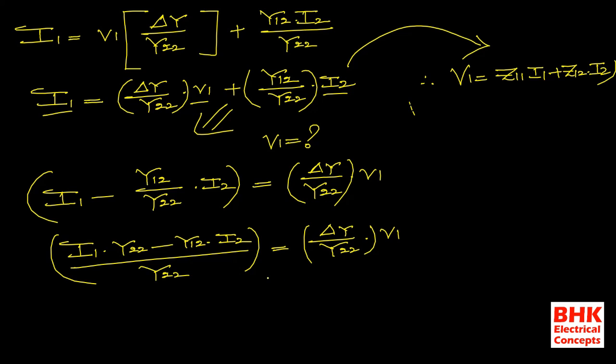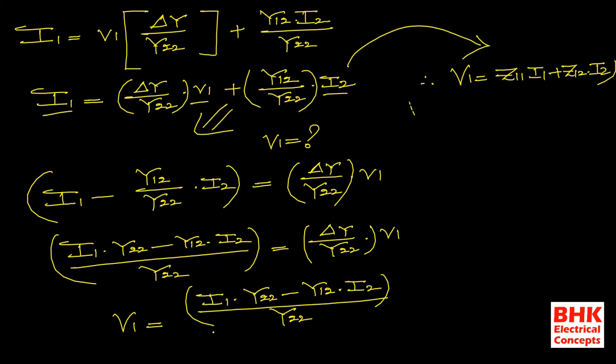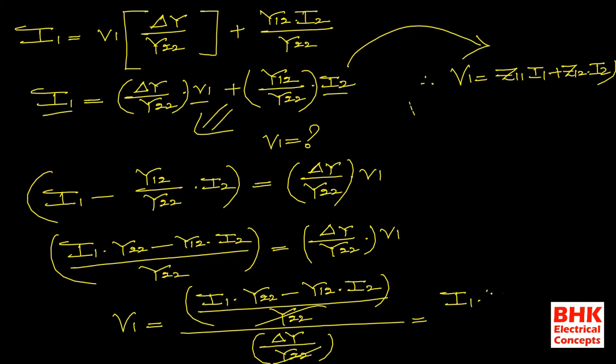Now we require the term v1, so v1 is equal to (I1 into y22 minus y12 into I2) divided by y22, whole divided by delta y divided by y22, since the right side term comes to the denominator. Now here y22 gets cancelled, then you will get the remaining term as (I1 into y22 minus y12 into I2) divided by delta y.